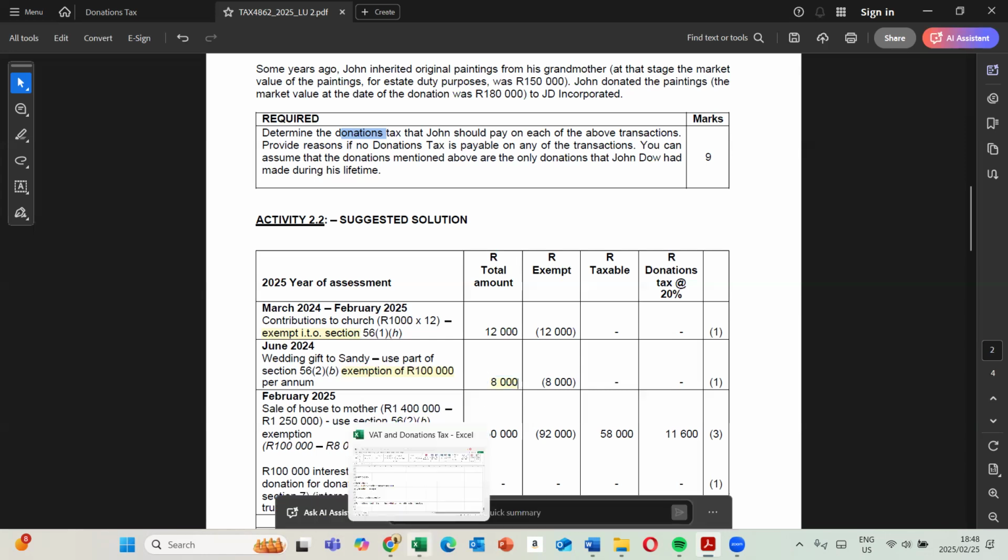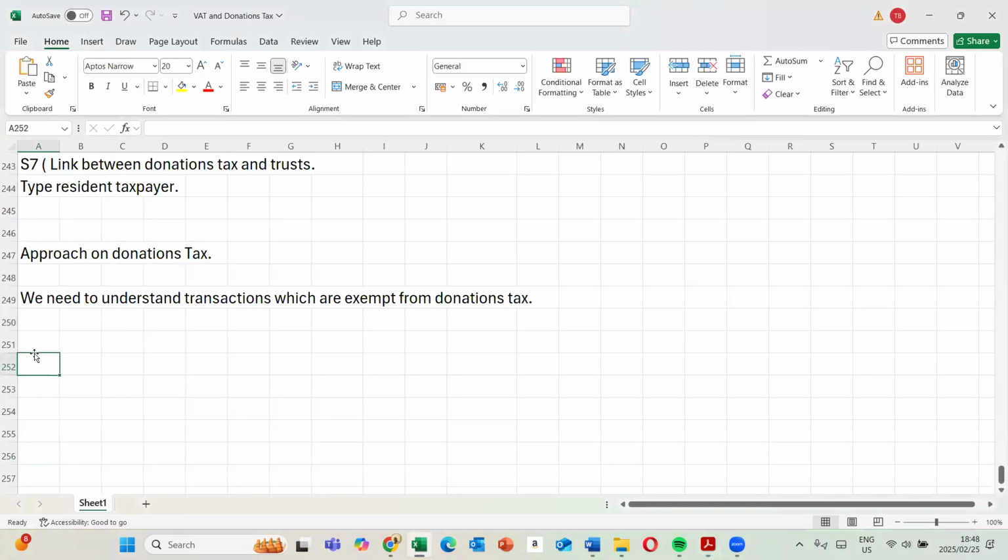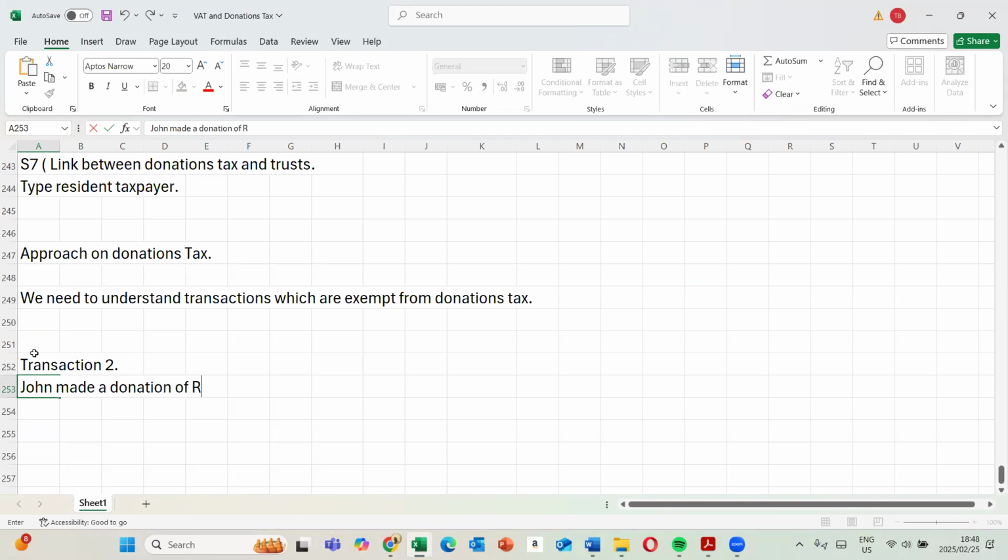So transaction 2, let's write a little bit of notes in case someone is lost. Transaction 2: John made a donation of 8,000 to the niece. However, since John is a natural person, he will receive a donations tax exemption.